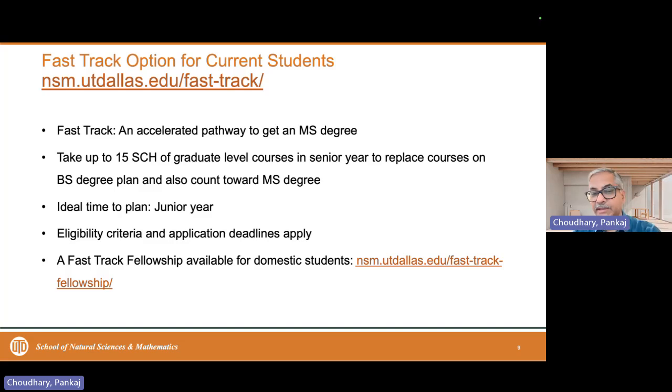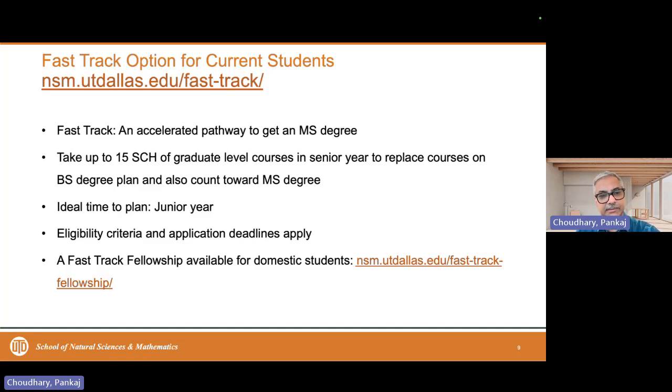We call this the fast track option. Through this option, you can take up to 15 credit hours of graduate level courses in your senior year. These courses are going to replace up to 15 credits from your bachelor's degree plan, and of course, they will count towards your master's degree also. So essentially, you are able to take up to 15 credits for double dipping. They will count for your master's degree, and they will also count for your bachelor's degree.